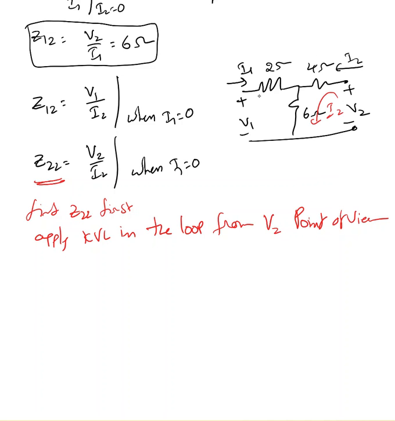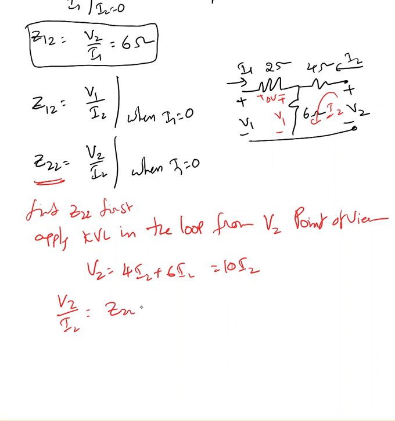I know this current is 0, so the voltage drop here equal to 0. So the V1 must be right there. If I apply KVL in loop 2, that's the easy way to do it. V2 equal to 4I2 plus 6I2, which is 10I2. So what is V2 over I2?